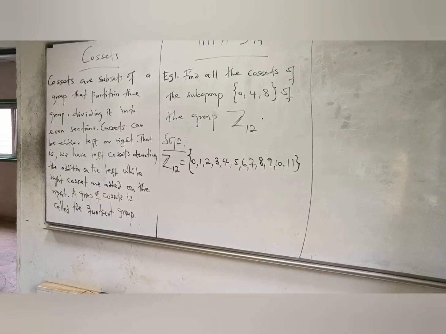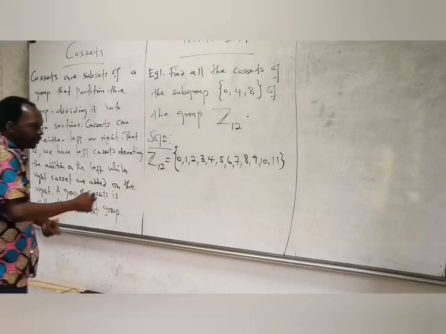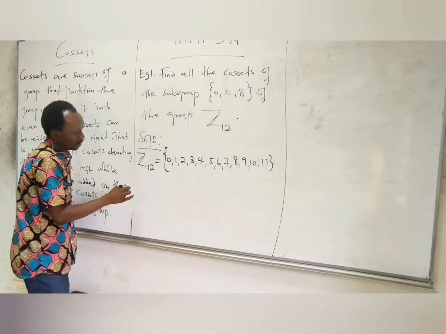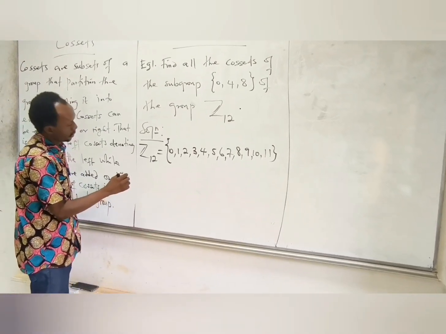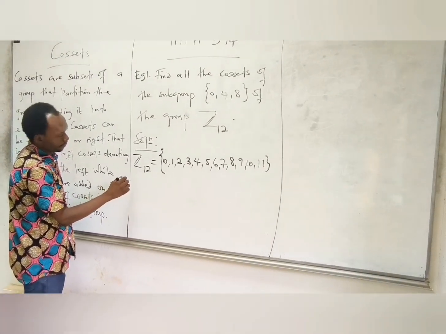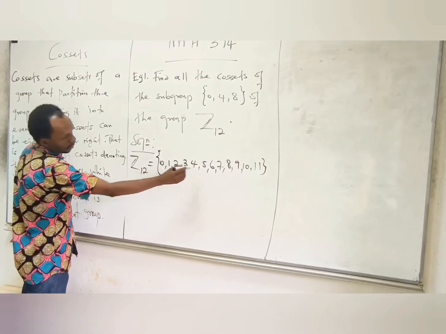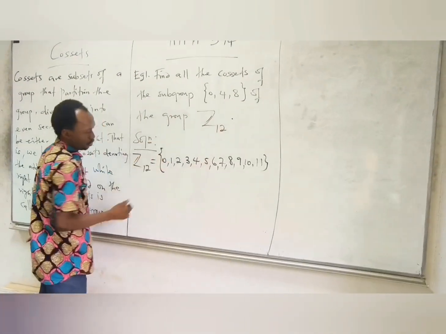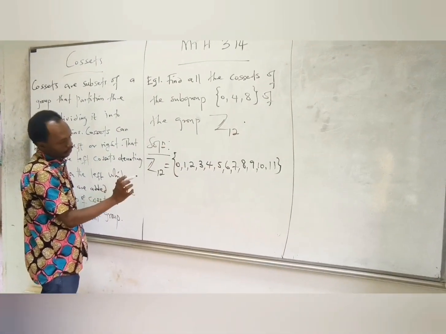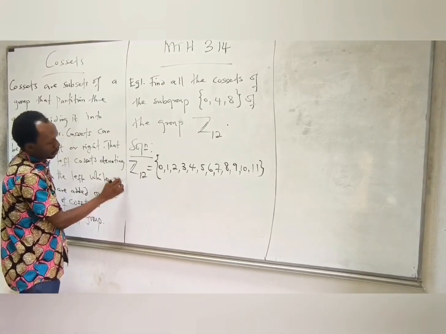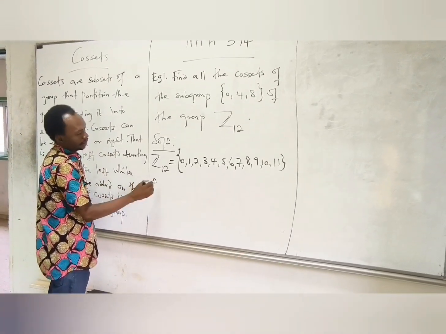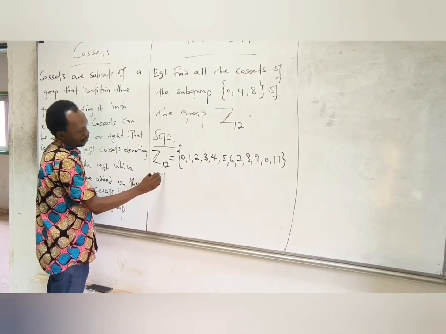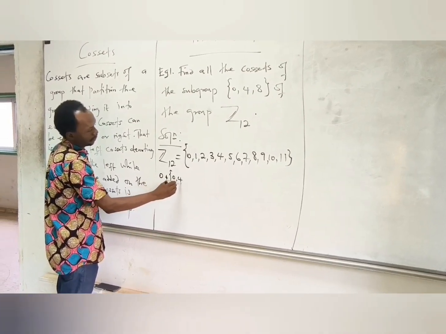Now let's see how to find the cosets of this group using the subgroup {0, 4, 8}. So we are going to add each of these elements to this subgroup. That's the meaning of coset. If we are going to use the left coset, we add from the left hand side, this way, plus our set {0, 4, 8}.